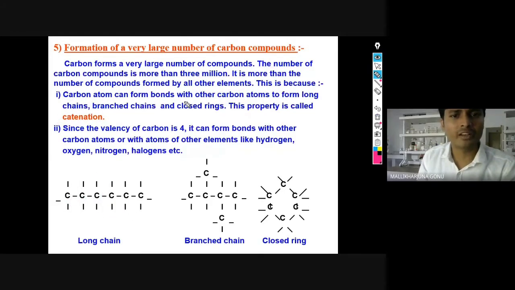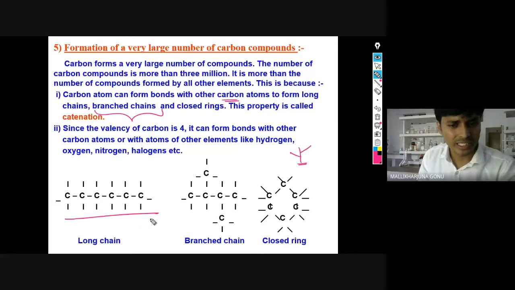So carbon atoms can form bonds with other carbon atoms to form long chains, and branched chains are also possible. Branched in the sense that, for example, a tree has branches, right? This is a straight chain, like a bamboo stick. This is branched, like a neem tree, where branches come out. That is also possible. You can see here branching started from the second carbon.